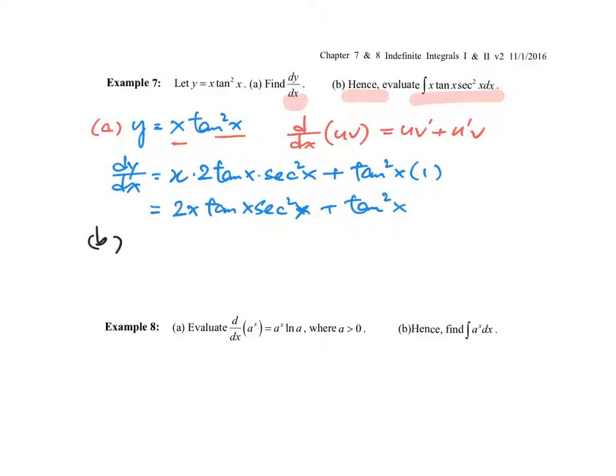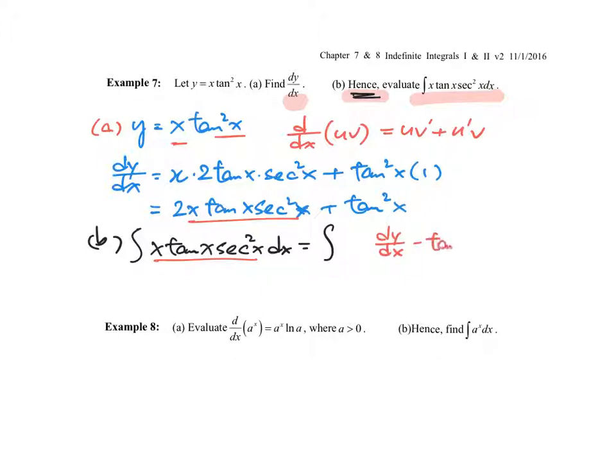Next, we come to part (b). Note the word hence, so we must consider the expression one by one. You must consider the result in (a). You will see this expression x tangent x secant squared x appears once in part (a). So I rewrite the expression like this: it comes from dy/dx minus tangent squared, and then there's still a 1 over 2 removed.